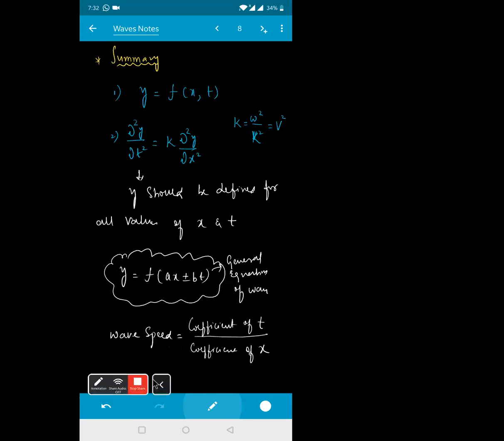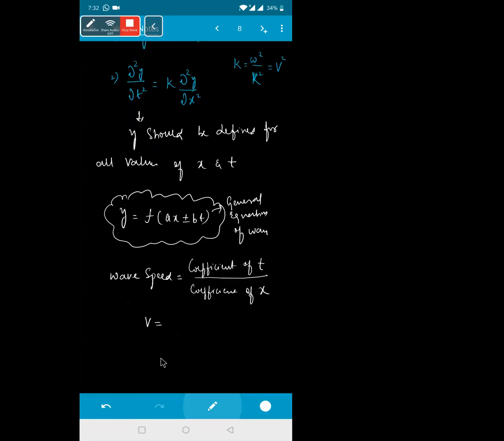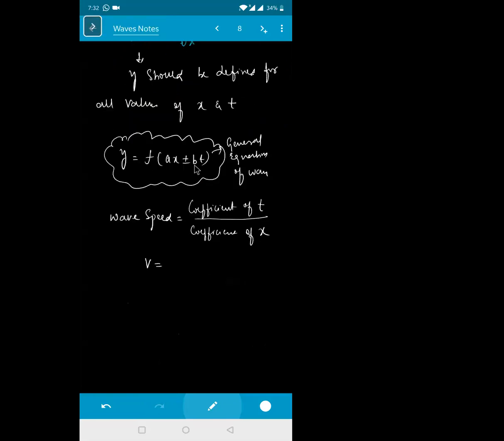That means wave speed v will be equal to what? What is the coefficient of t here? b. Divided by the coefficient of x, which is a. So v will be equal to b by a in the given equation, where a and b are constants. Is it clear for everyone?